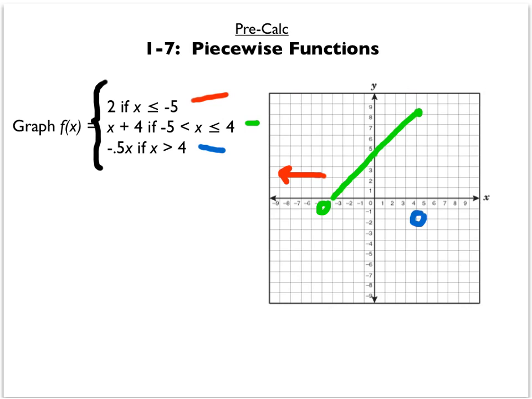Let's go to another point like 8. If I put 8 in here, 0.5 times 8 is 4, but it's going to be negative 4. So the point (8, negative 4) will also be on the graph. So it's a downward sloping line that looks like this. So that's our first piecewise graph, kind of a screwy looking thing, but as you can see it's a different function for each piece, each x interval of the graph.